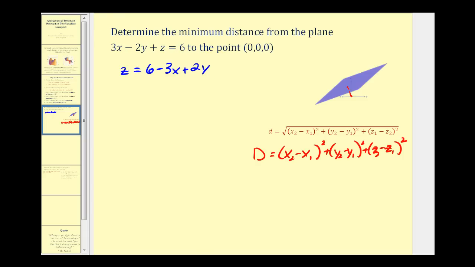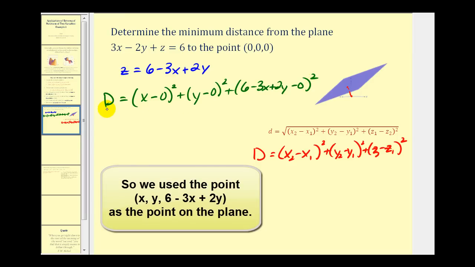Now the reason that's helpful is, going back to the square of the distance formula, we can now rewrite this as big D is going to be equal to (x minus 0) squared plus (y minus 0) squared plus (z minus 0) squared, but z is equal to 6 minus 3x plus 2y, minus 0, squared.